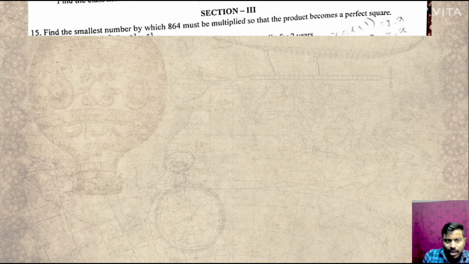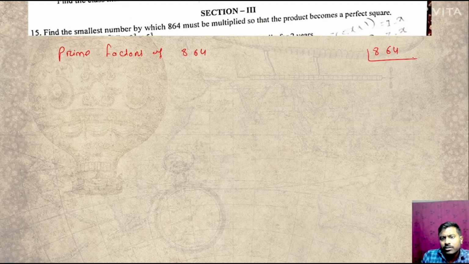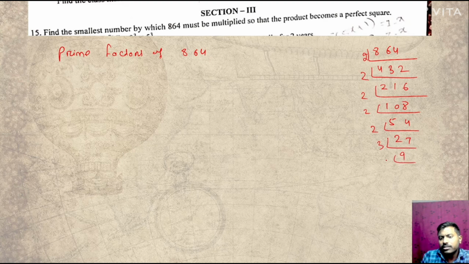This means first we find the prime factors. The prime factors of 864 are 2 into 2 into 2 into 2 into 2, that is five 2s, and 3 into 3 into 3.